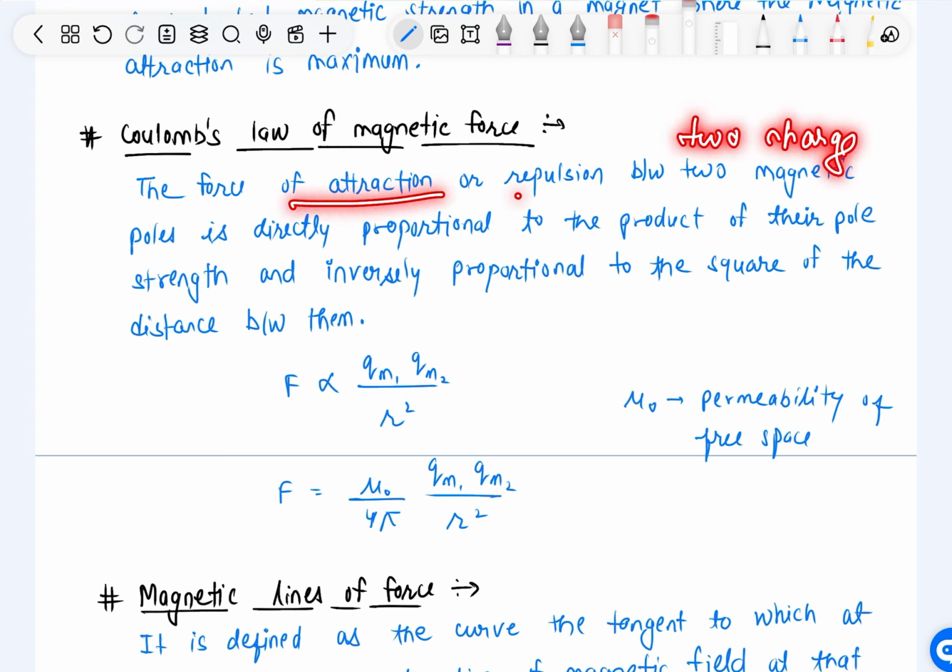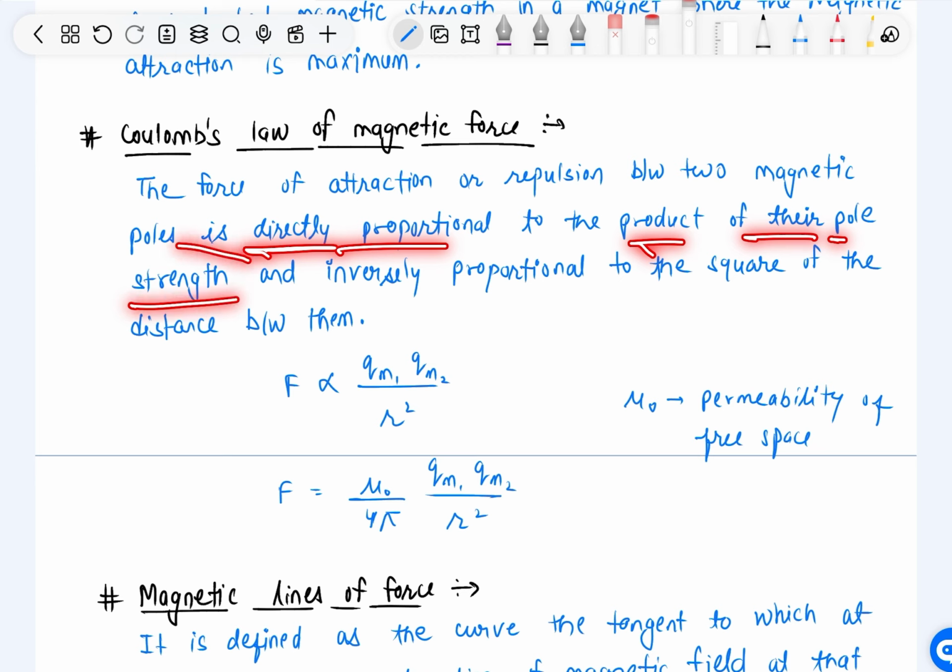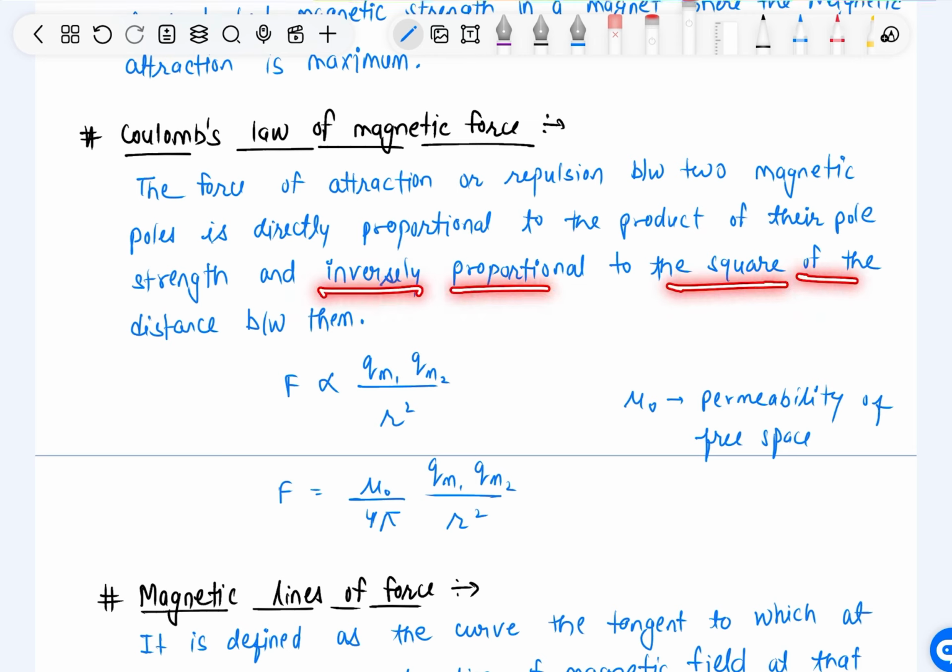The force of attraction or repulsion between two magnetic poles is directly proportional to the product of their pole strengths, Qm1 and Qm2, and inversely proportional to the square of the distance between them. Suppose the distance is r, then it is inversely proportional to r square.